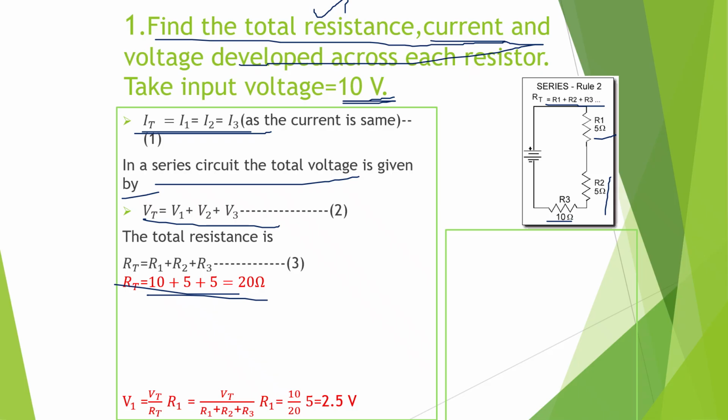Now we will go for calculating the current. In a series circuit, the current is the same, which is equivalent to the total current. So what is my total current? We know by Ohm's law, V is equal to I into R. So what is I?